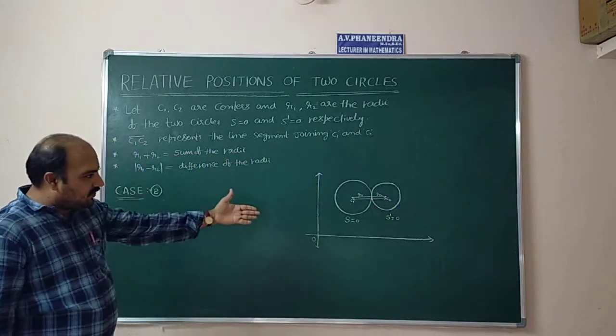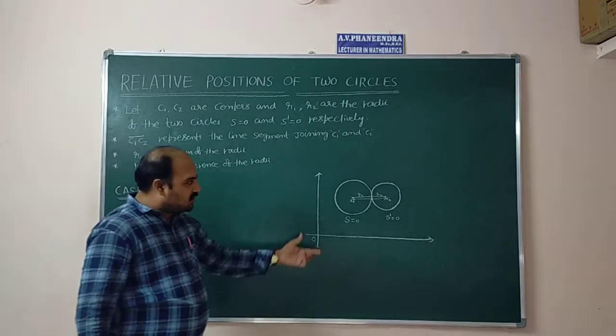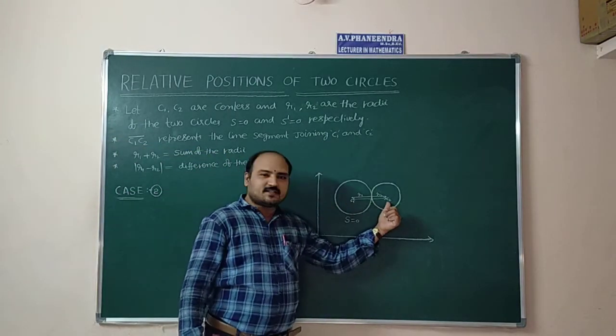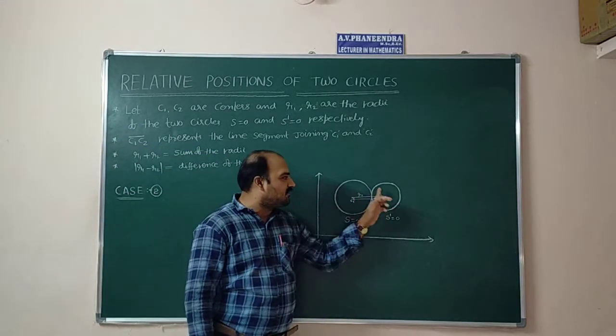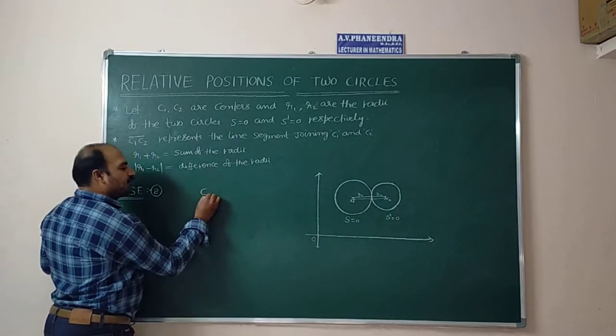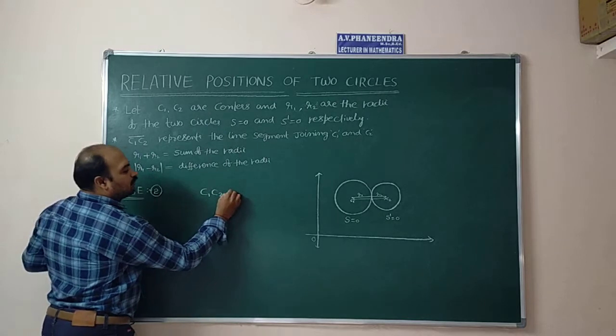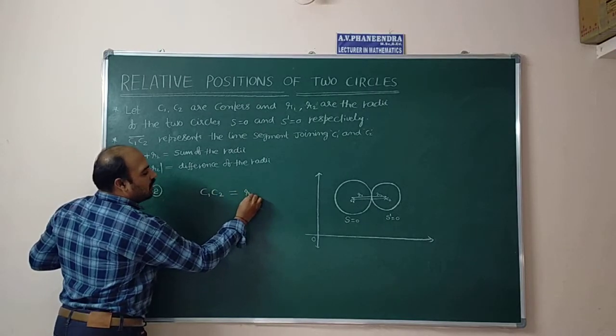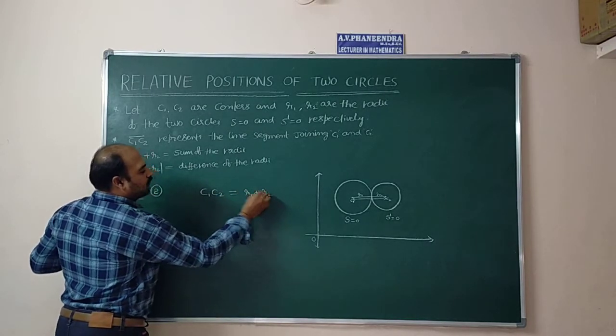If you observe in the diagram, the distance between their centers is equal to the sum of the radii. So in this second case, C1 C2 is equal to R1 plus R2.